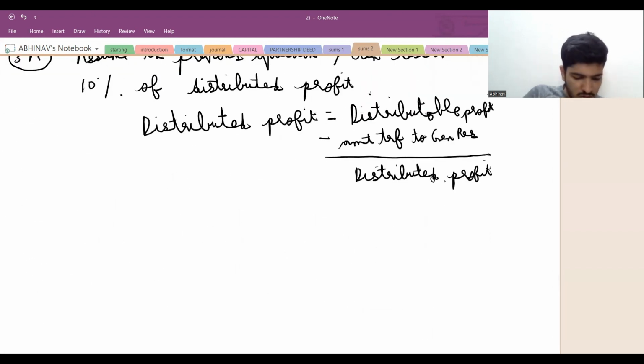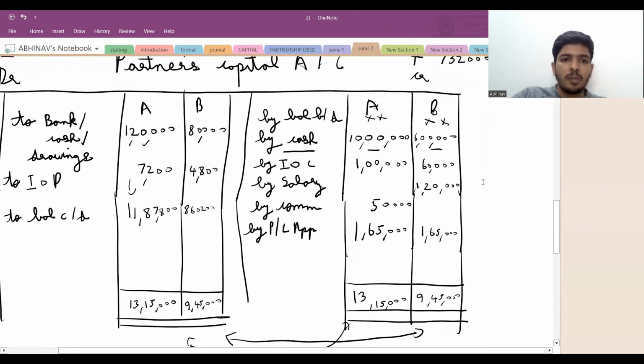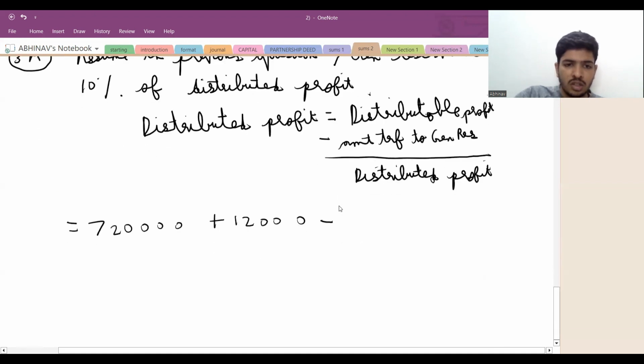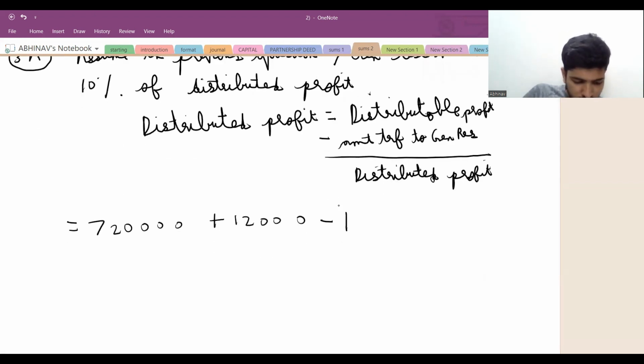What do we get? 7,20,000 plus 1 lakh plus 12,000, minus we subtract the known values of the debit side: 1,60,000, 1,20,000 and 50,000.